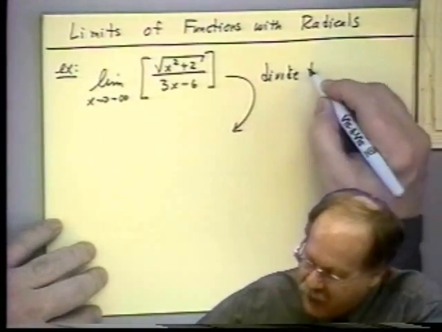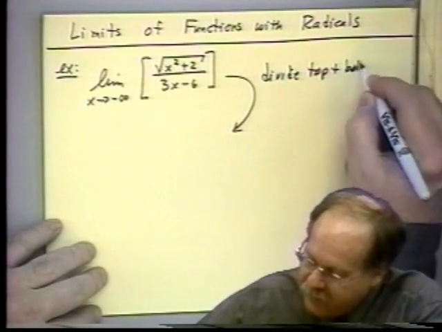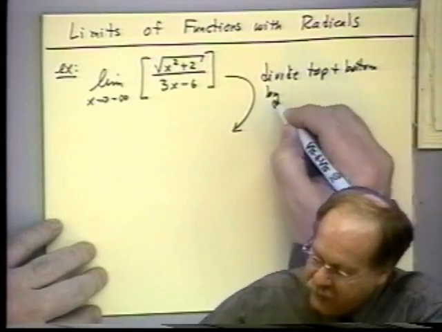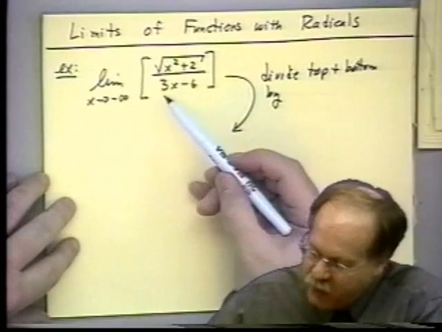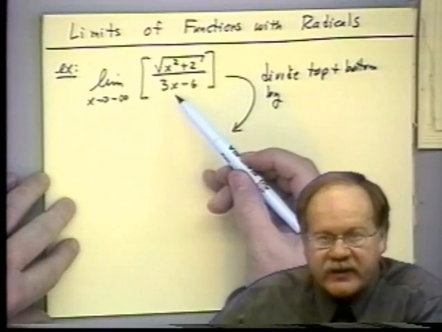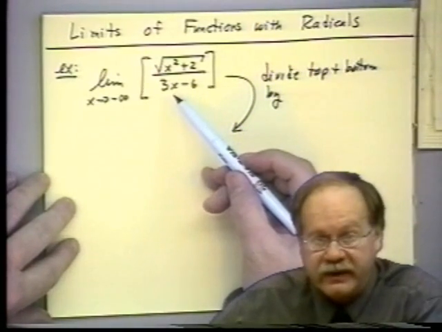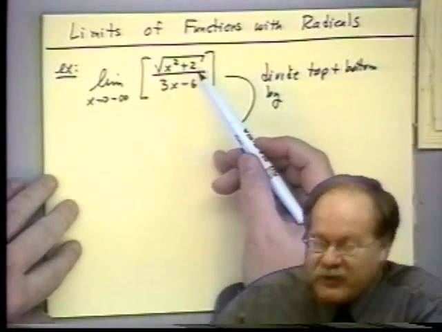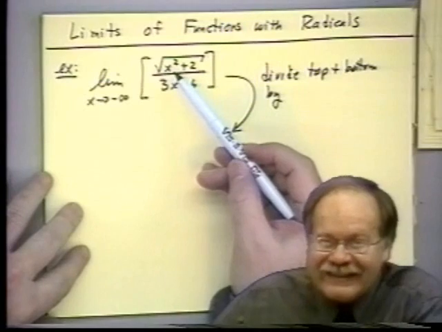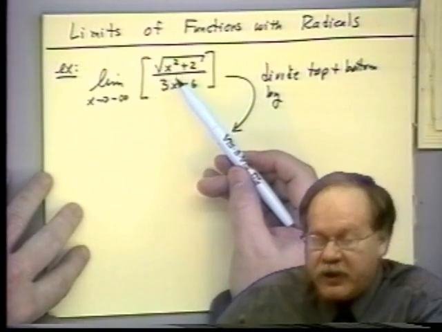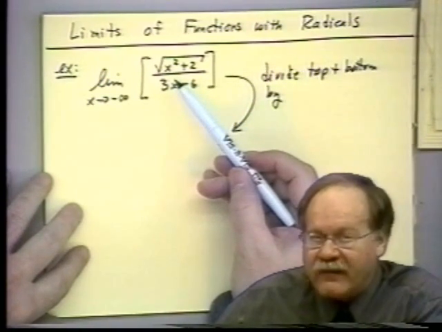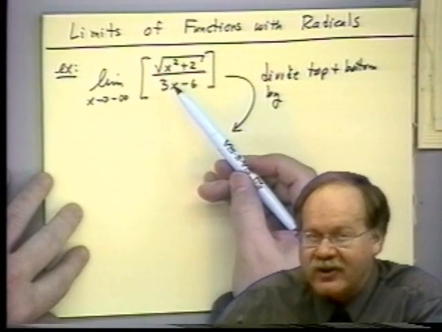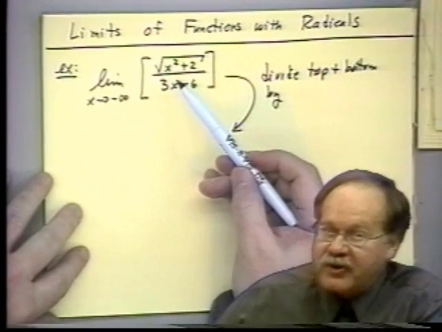Well, here's what we're going to do. If we divide top and bottom by the following. The bottom we'd like to divide by x. That is the highest power on the denominator, and that seems to be reasonable. Now, we'd like to do the same on the top, but we have to get inside the square root. But notice that the square root of x squared takes us back to x.